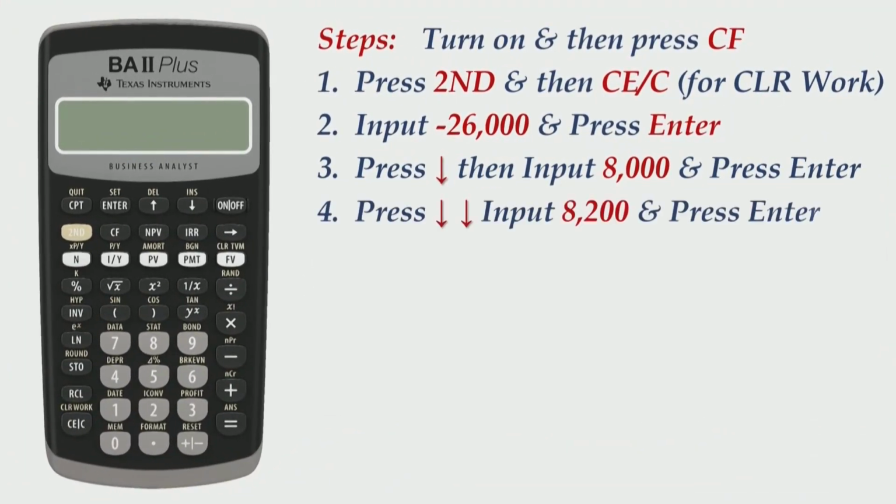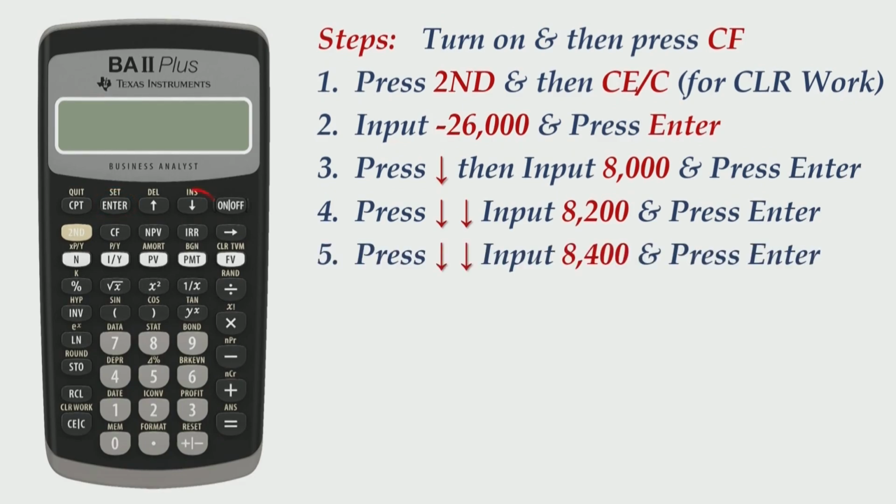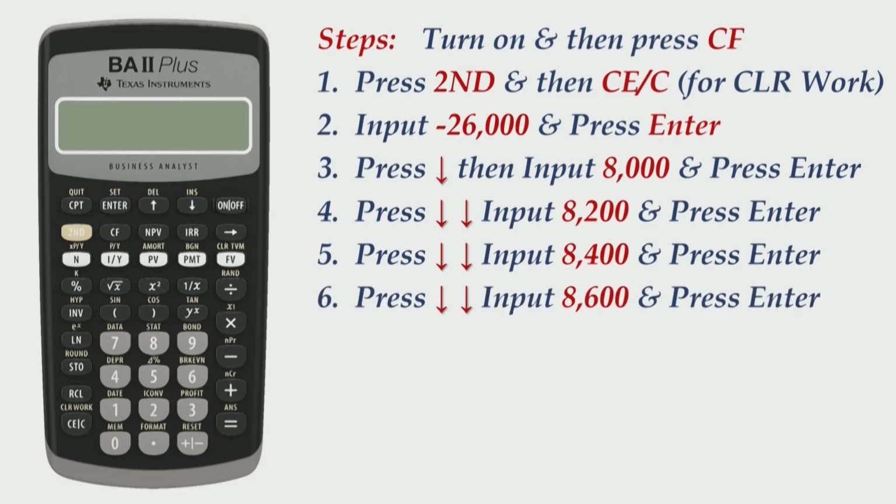So let me again help you with the steps further. So press the downward arrow key 2 times, 1 and 2, then input 8,200 and press enter. Once again you press the downward arrow key 2 times, then input 8,400 and press enter. Again you press downward arrow key 2 times, and input 8,600 and press enter.